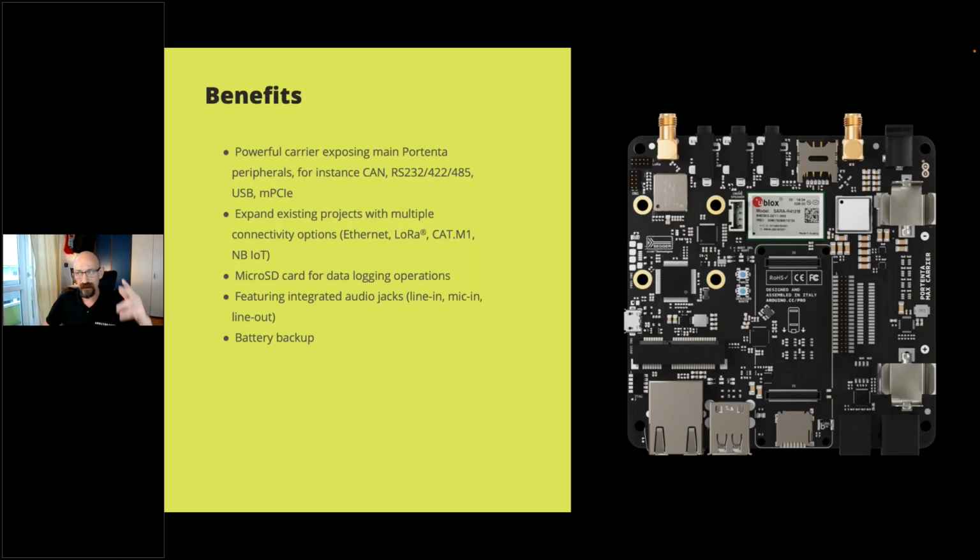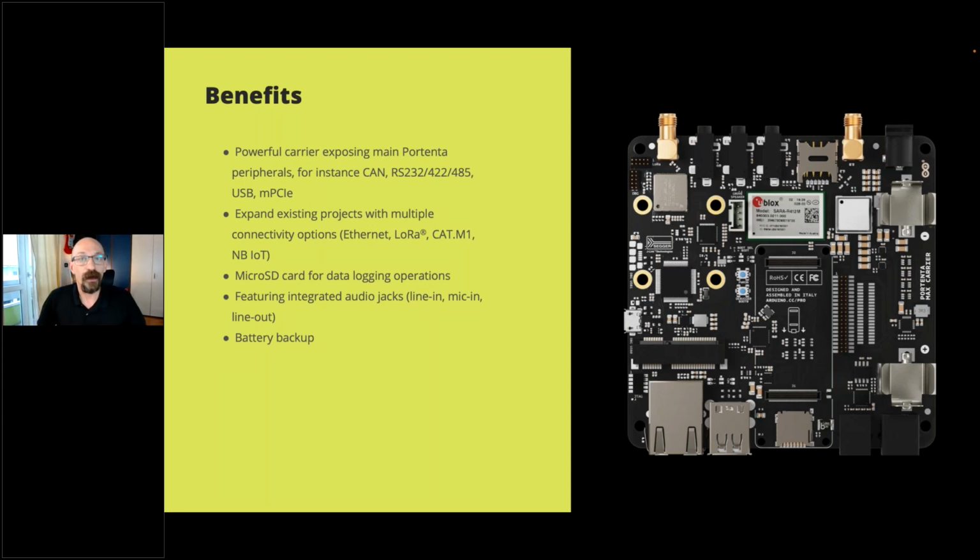When it comes to the Portenta Max Carrier, just quite a small overview. It's a powerful carrier exposing the main Portenta peripherals. So you have CAN, RS-485, RS-232, USB, mini PCI Express.